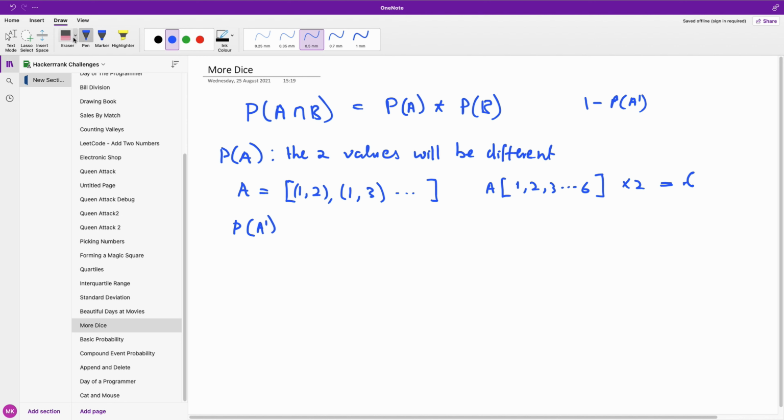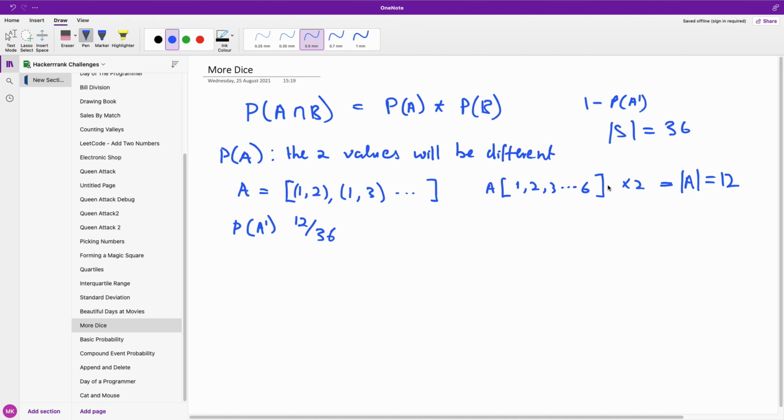So A bar has 12 items, and the number of items in the sample space S is 36. So the probability of A bar is now 12 over 36.